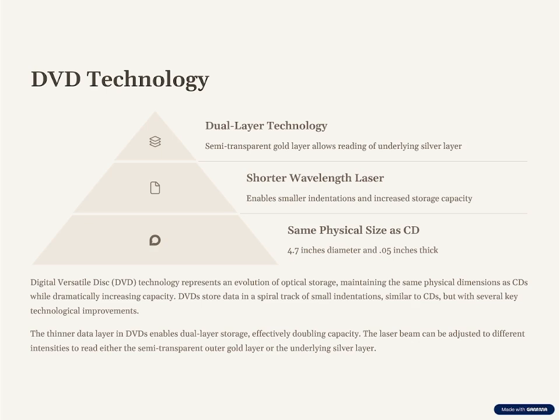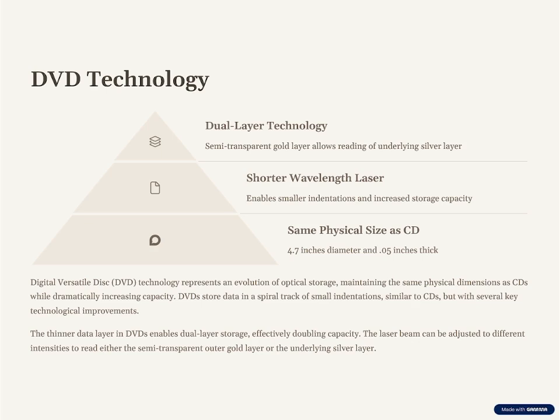DVD stores data in spiral tracks of small indentations, similar to the CDs, but there are several key technological improvements. When you look at the DVD, it's a bit darker and bluish in color as compared to the CDs.